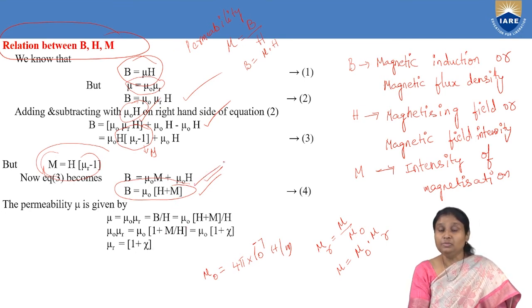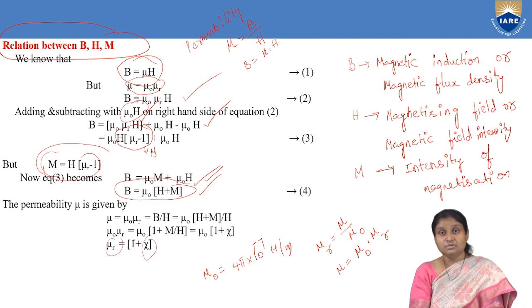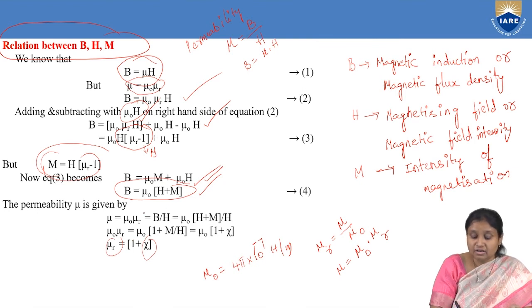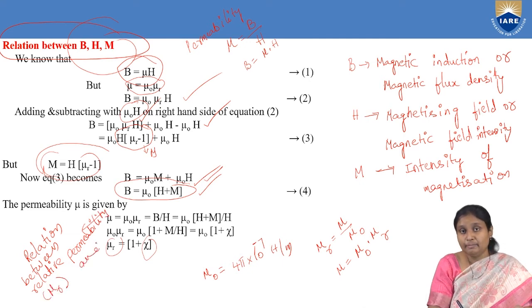Now by using this relation, we are going to get a very important relation between relative permeability and magnetic susceptibility. So after getting the relation between B, H and M, next we are trying to get the relation between relative permeability, which is given by mu r, and magnetic susceptibility, which is given by chi.